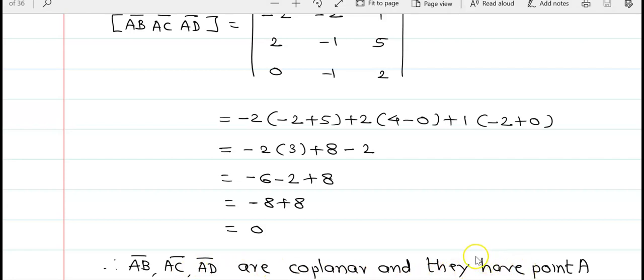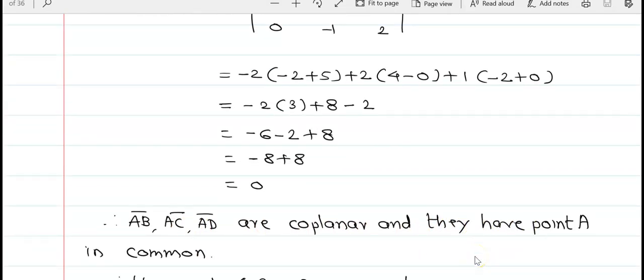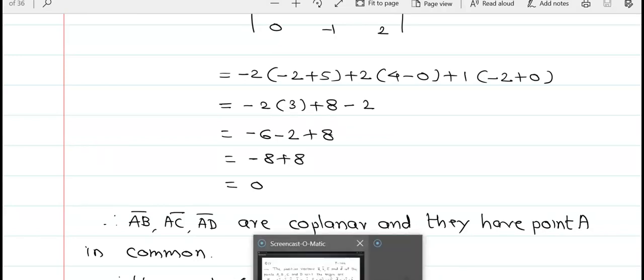They have the point A in common, therefore the points A, B, C, D are coplanar.